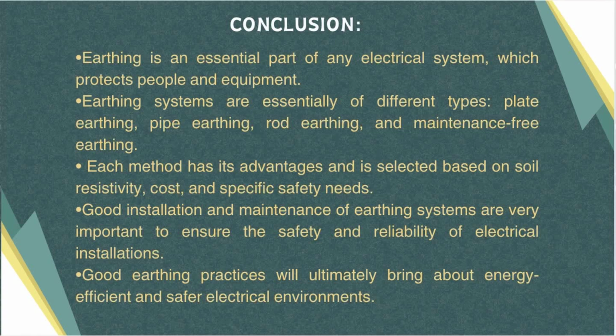Proper installation and maintenance of earthing systems are of great importance to ensure the safety and reliability of electrical installation in order to avoid failure, fire, and any other such hazards. Good earthing practices will ultimately bring about an energy efficient and safer electrical environment to improve the overall safety and performance of our electrical system.